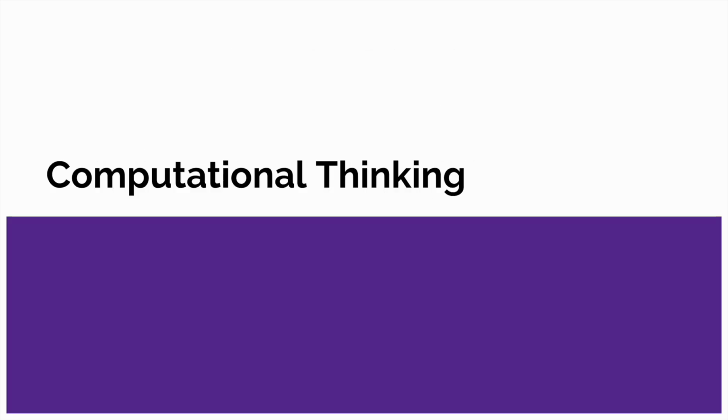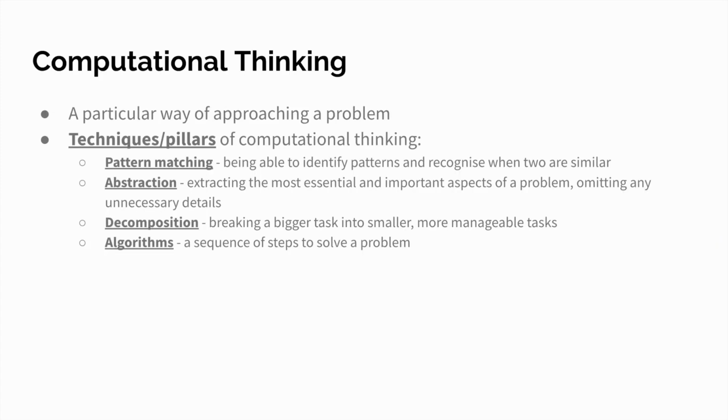So we'll start with the first part of the section, which is computational thinking. So computational thinking in general is a particular way of approaching a problem. It's very vague, but it's very important for computer science. And there are four key pillars of computational thinking.